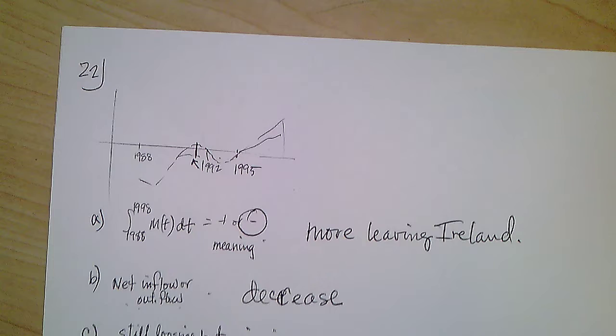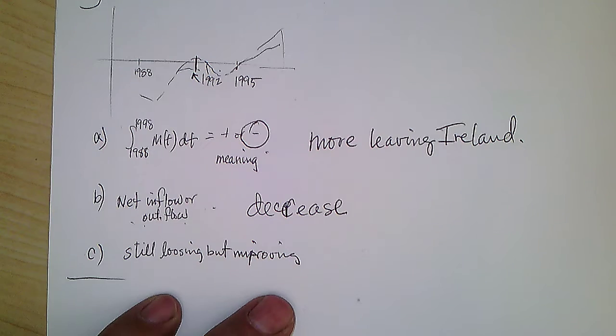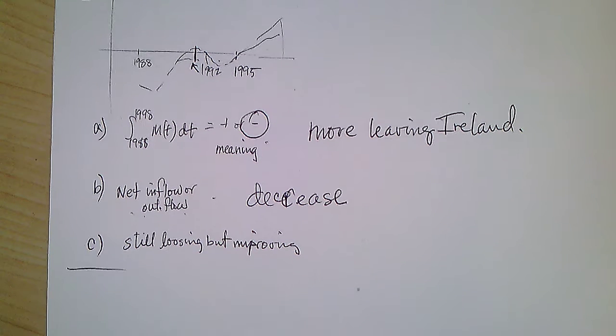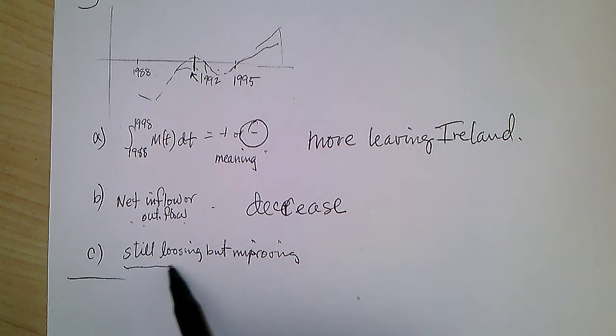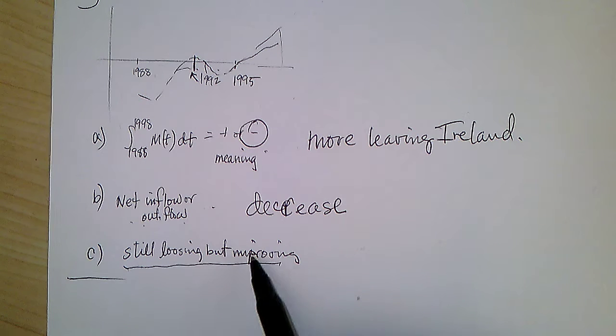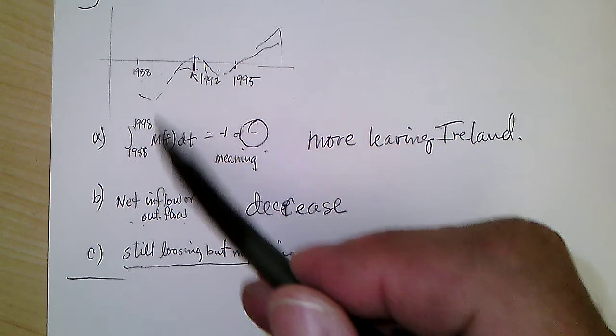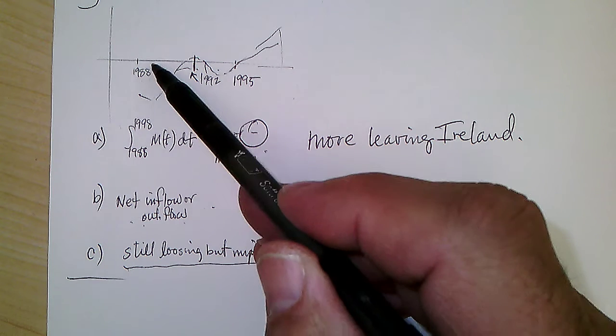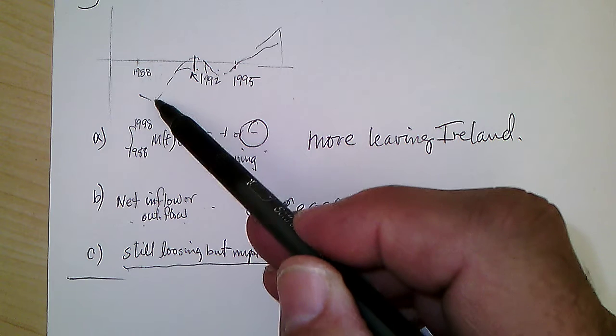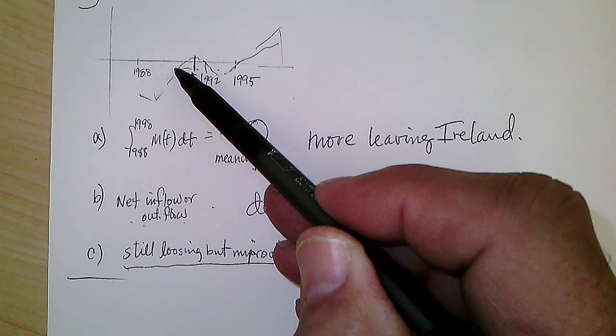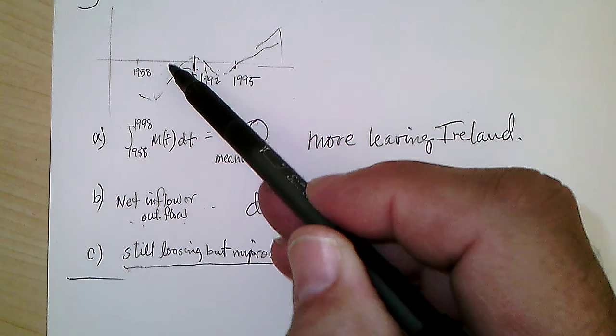And, oops, sorry. And then finally, at one point it was still losing people, but it was improving. Well, all this time here, there's a negative losing, but the amount losing was more here, and then it started getting less loss because there's less area here.